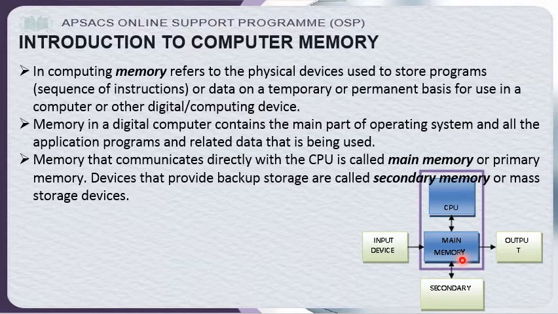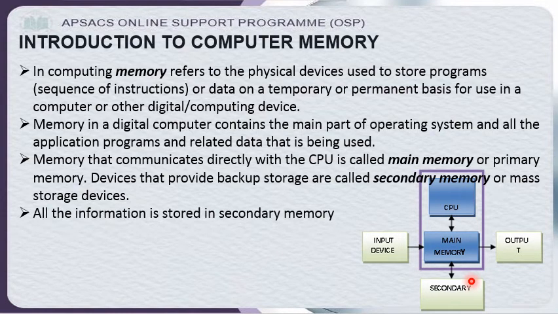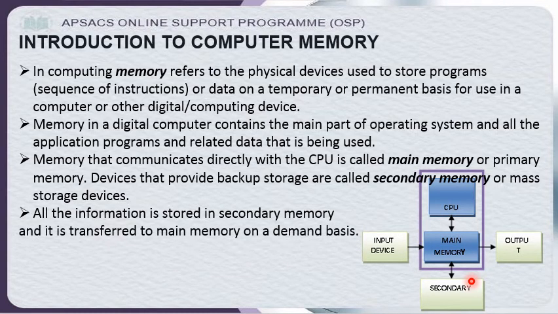But whenever we use the memory for backup storage, that memory is known as secondary or mass storage device. So we get to know that memory is divided into two types. One is the main memory and another one is the secondary memory. All the information is stored in secondary memory and is to be transferred to the main memory on a demand basis.